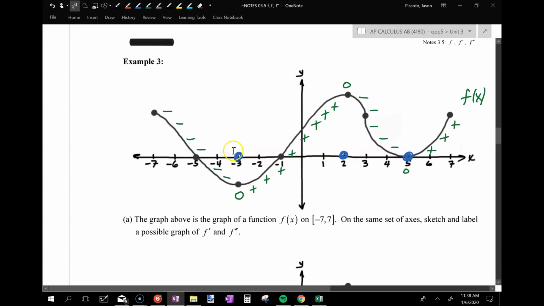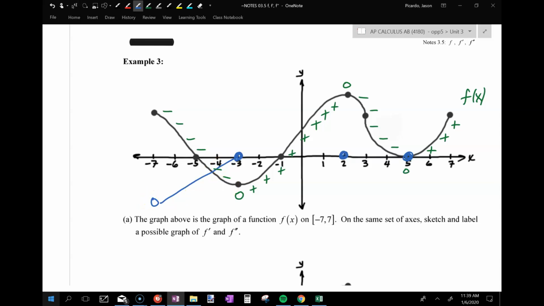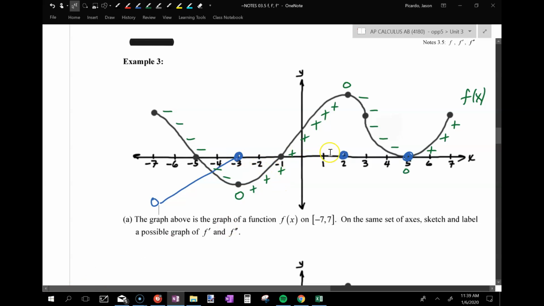Okay, here we go. So to get to this point, I have to be negative, right? Is that negative? Yes. And then to get from here to here, I need to be what? Positive. And then to get from here to here, I need to be what? Negative.